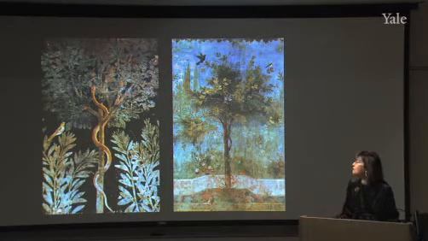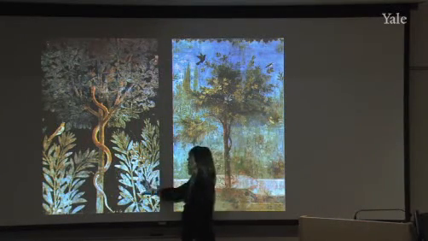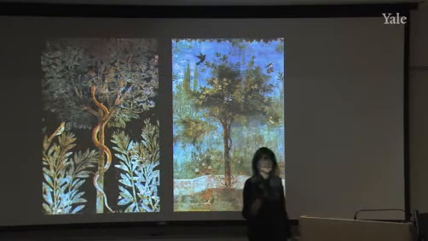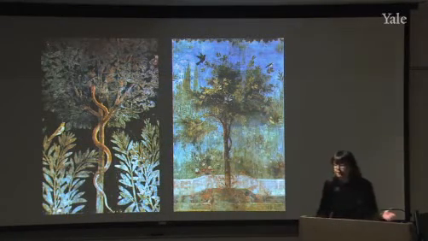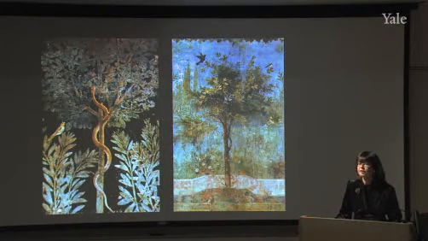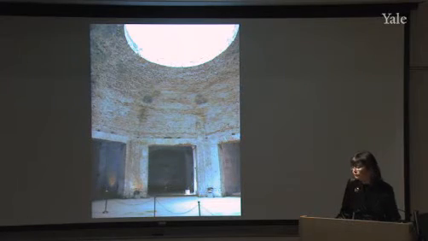So there's this interesting play, I think, that the artist has created here. But on the whole, this again is a painting that clearly respects all the tenets of third style Roman wall painting, even for a subject as unlikely for this as a gardenscape.